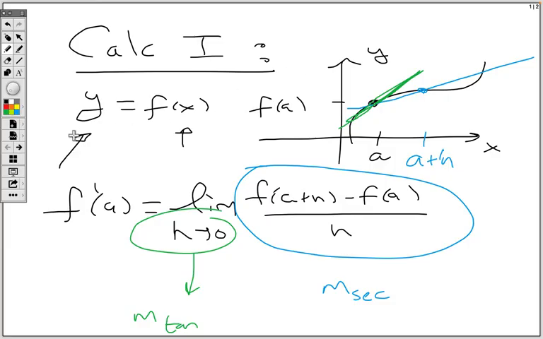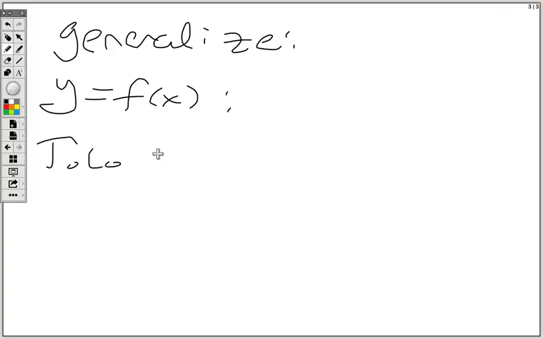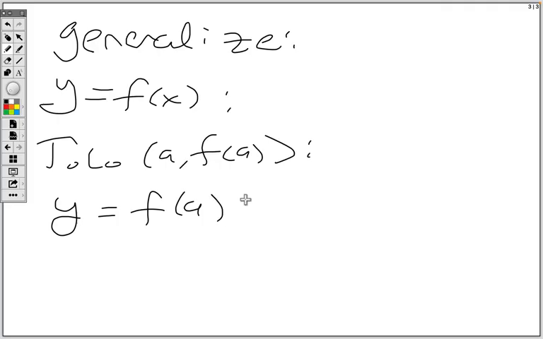So let's talk about how we would generalize the concept of tangent line into what we're doing. So let's generalize the scenario. We've got our y equals f of x. We've got our tangent line at a comma f of a: y equals f of a plus f prime of a times x minus a.